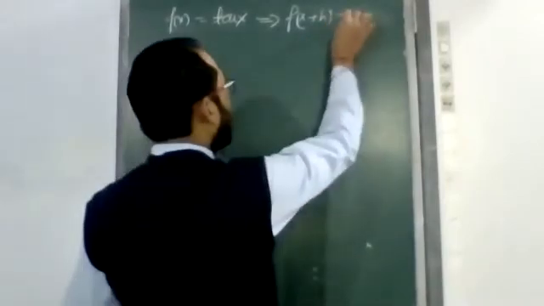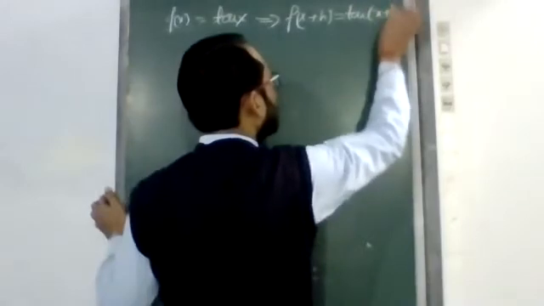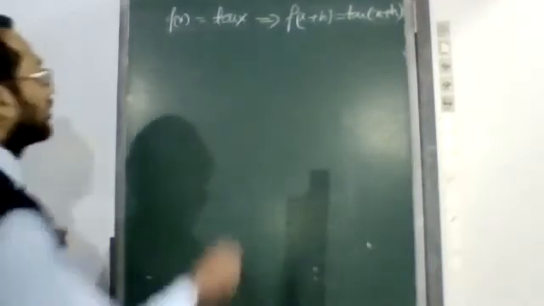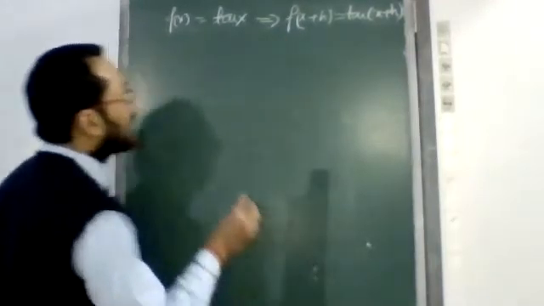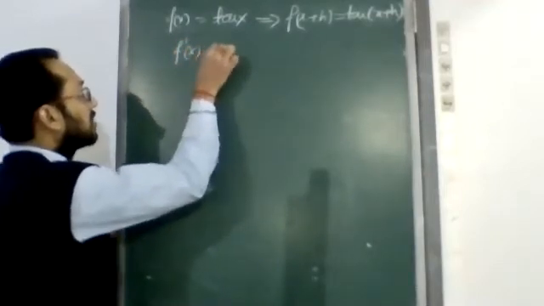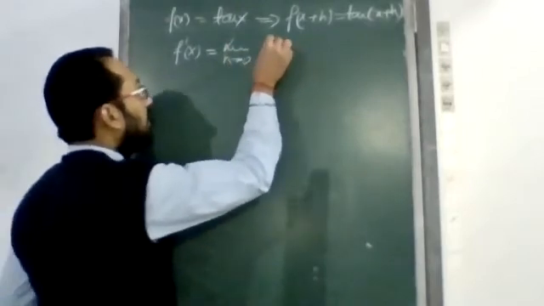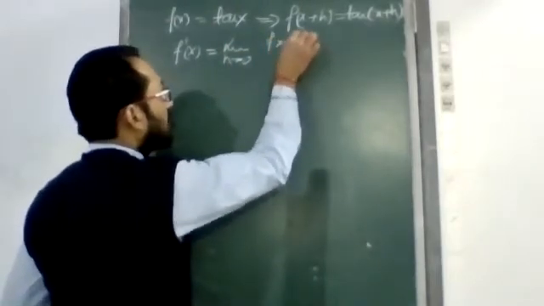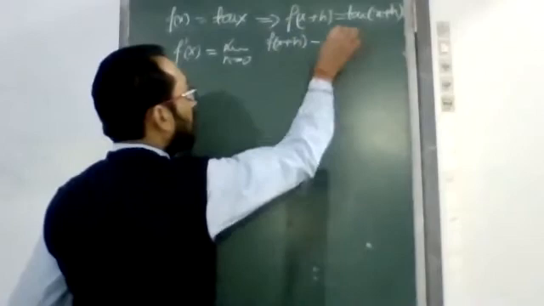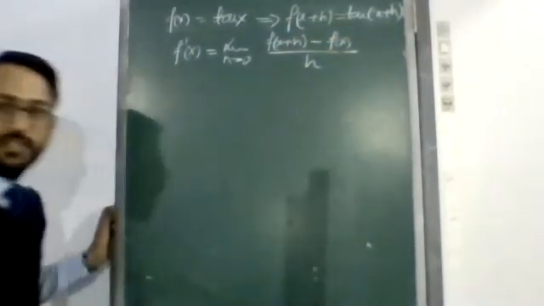Now the formula, derivative of the function is limit of h tends to 0, f(x plus h) minus f(x), whole on h.